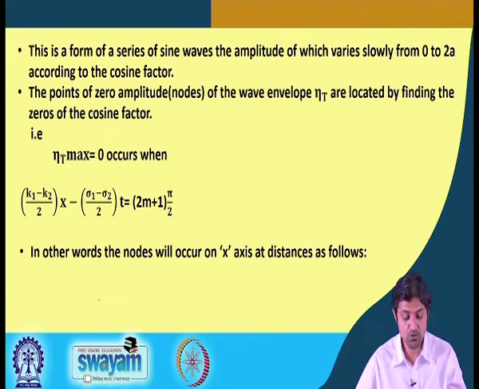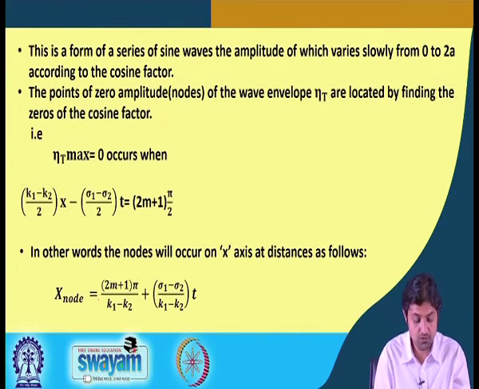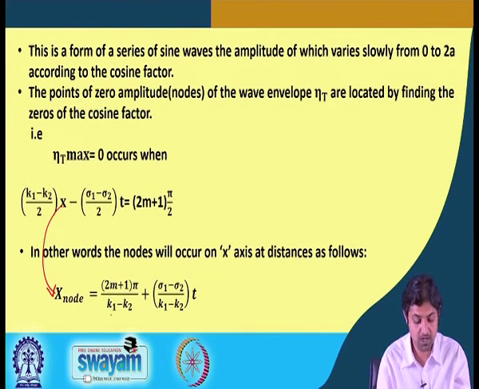In other words, the nodes will occur on the x axis at a distance as follows. If you rearrange, x node is equal to 2m plus 1 pi by 2, the 2 will get cancelled from each side, it will be k1 minus k2 into x plus sigma 1 minus sigma 2 by k1 minus k2 into t.